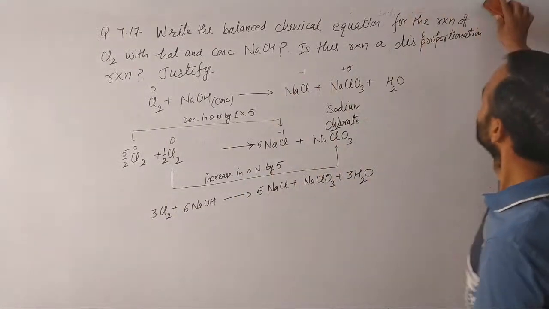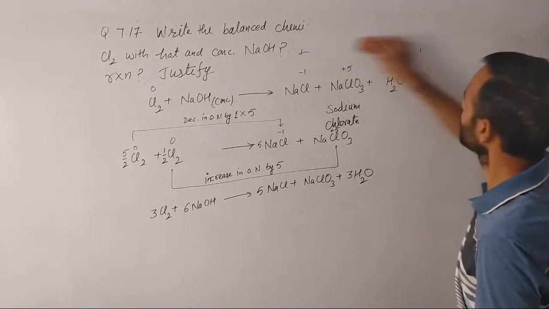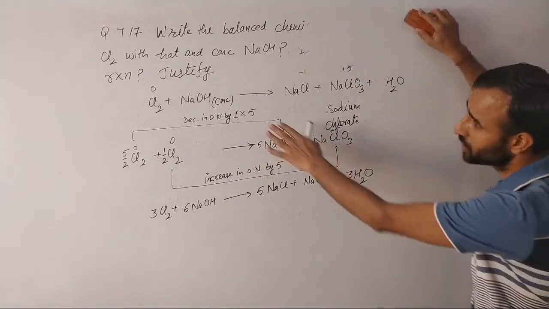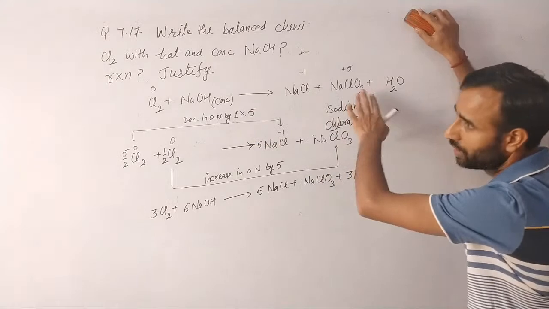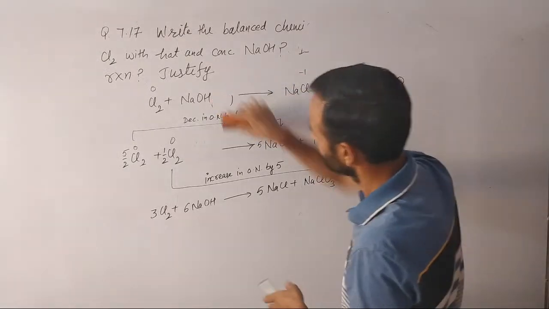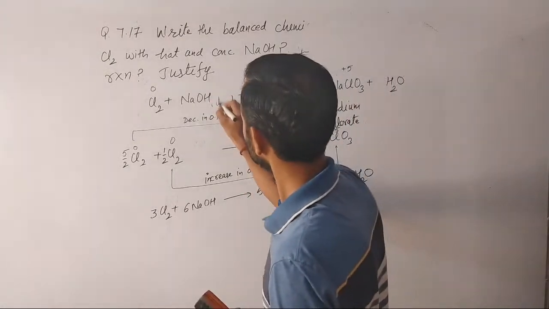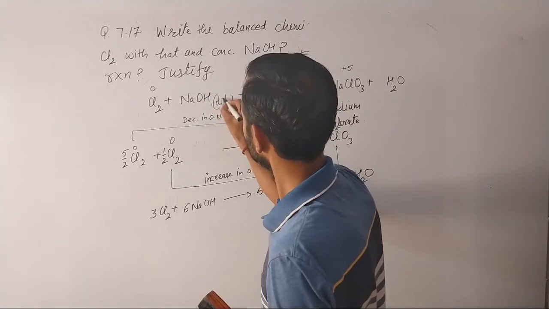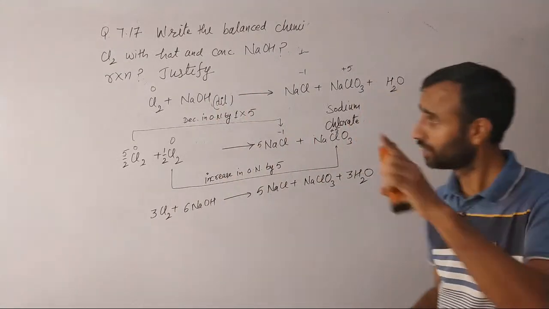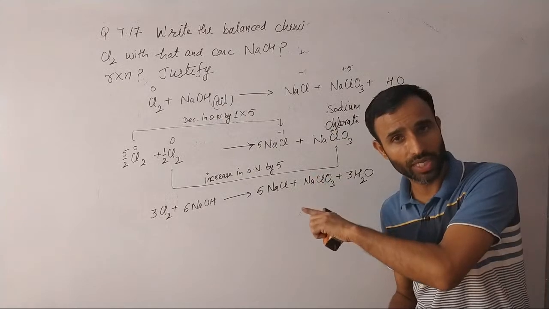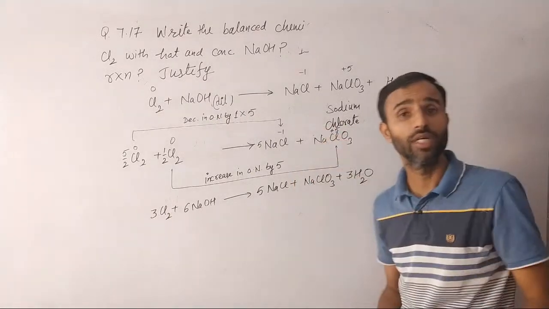Okay, so we have justified that it is a disproportionation reaction, and just see this equation. If it is dilute, this is very important: Cl2 in concentrated NaOH and Cl2 in dilute NaOH.